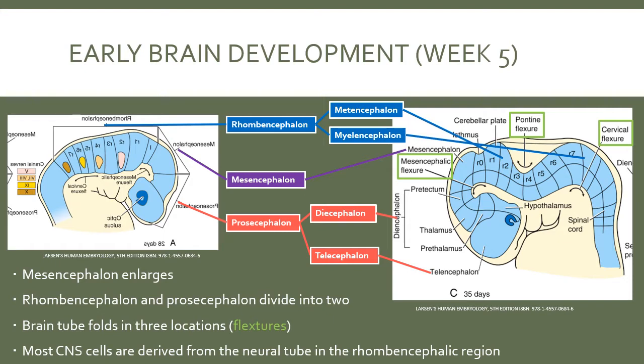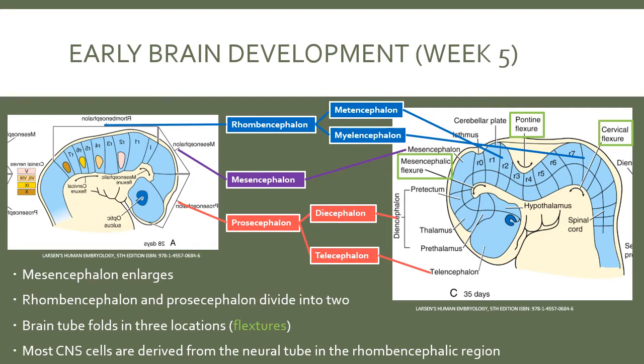Now, the ventricles of the brain are formed from the neural tube, which is running through the center of this still somewhat tubular brain structure, and we'll talk about how they ultimately form and develop going forward. Now, within these developing brain structures, we have development of neurons.